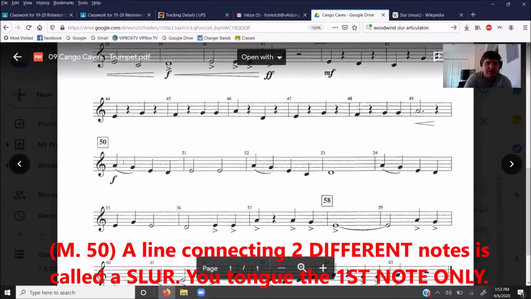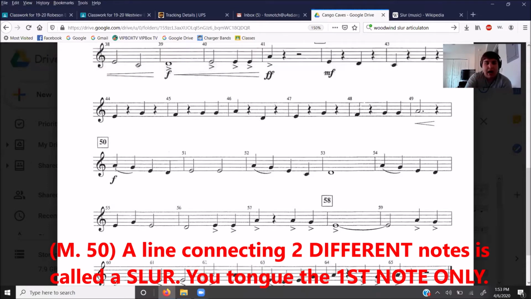I'm going to play measures 50, 51, 52, 53, and 54, just so you can get an idea with the slur. It should go like ta, ta, ta, ta, ta, ta. Or if you're playing trombone, do. Or you're playing clarinet, to. Instead of going ta, ta for everything, for slurs, you go ta.